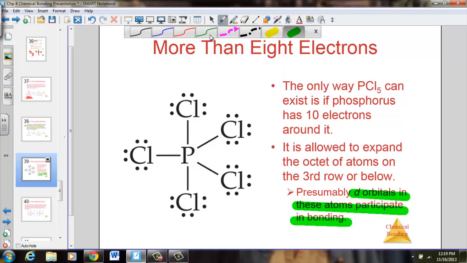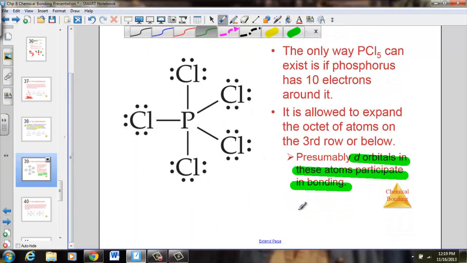So they must have a d sublevel in order to expand the octet. So not only can the s and the p's be involved in bonding, but now the d subshell is involved when we expand the octet. Atoms that do not have d sublevels, are too small, will never expand their octet.